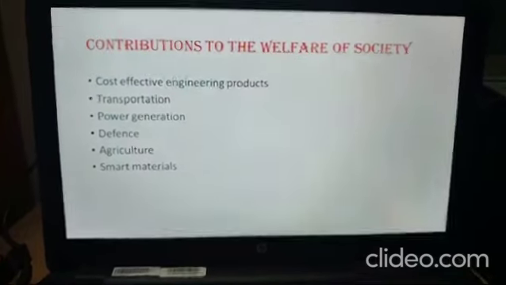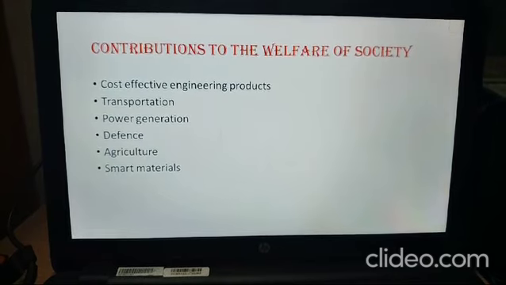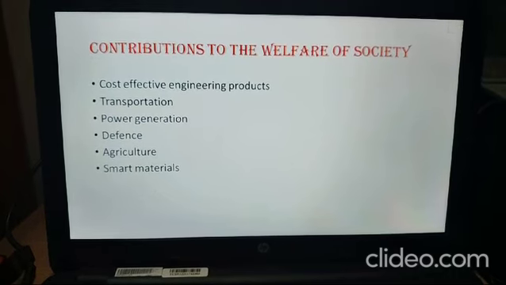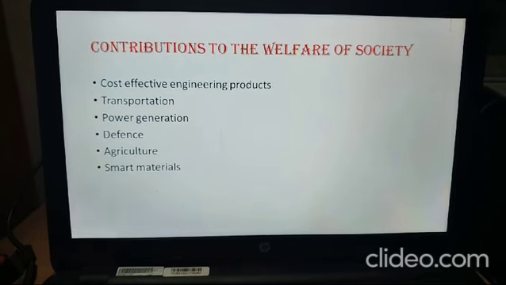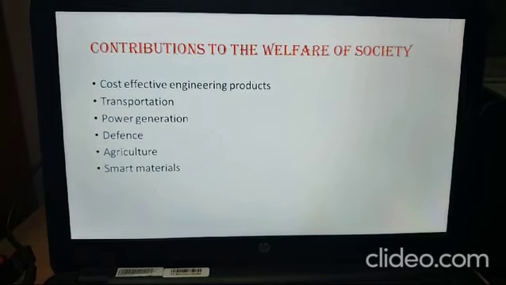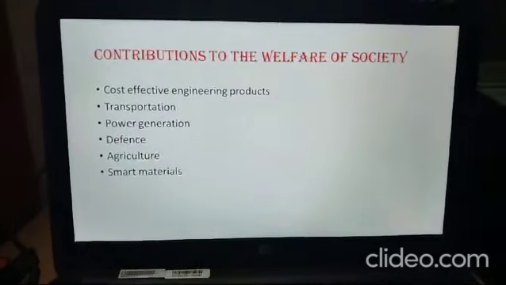So, mechanical engineering contributions to the welfare of society. Mechanical engineering contributes a lot to the welfare of society. It produces very cost-effective products for transportation. Already I told you about the car, power generation, power plants, defense mechanisms, agricultural fields, latest smart materials.